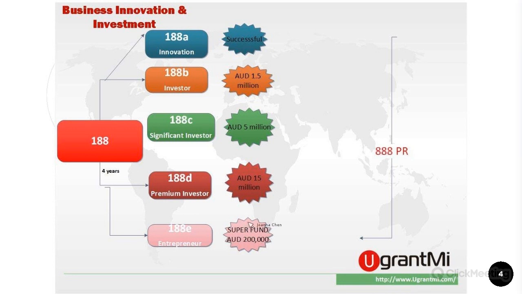It's 200,000 Australian dollars, which means you have to have an endorsement from one of the super fund companies. They have to endorse your project, and that's really hard, because if you're not in Australia, you're not able to get it. This is really hard. Even just 200,000, no one wants to give you money for free, right?